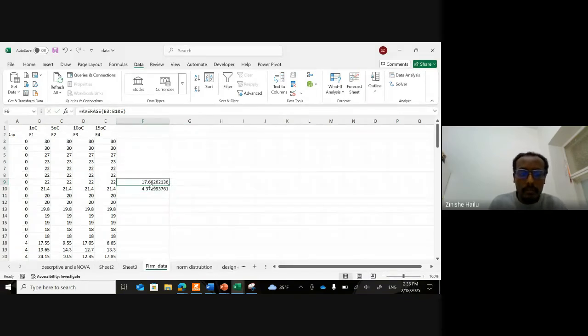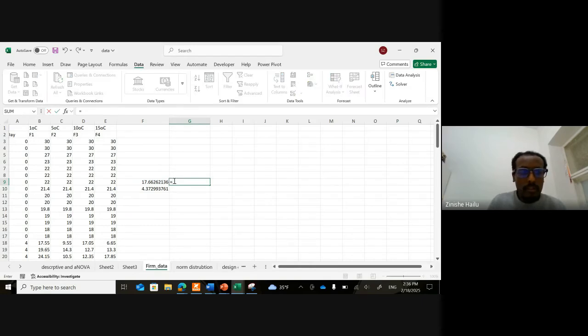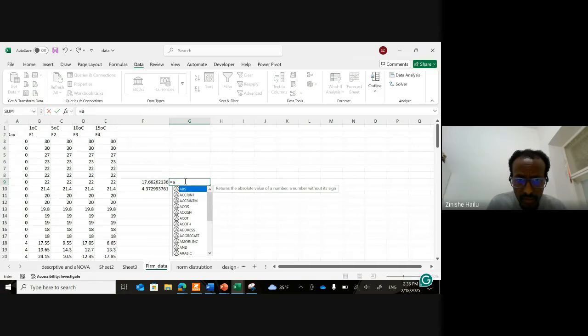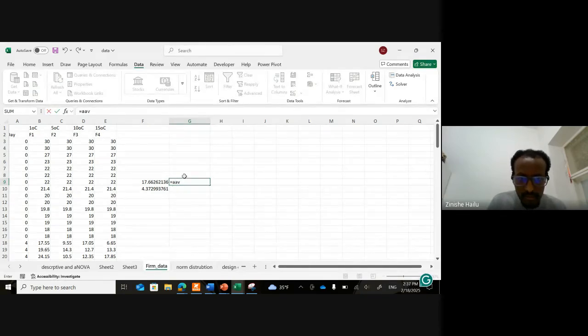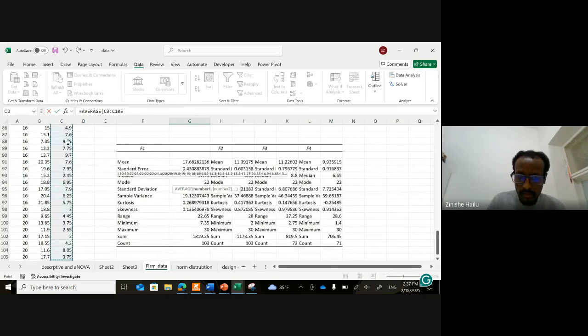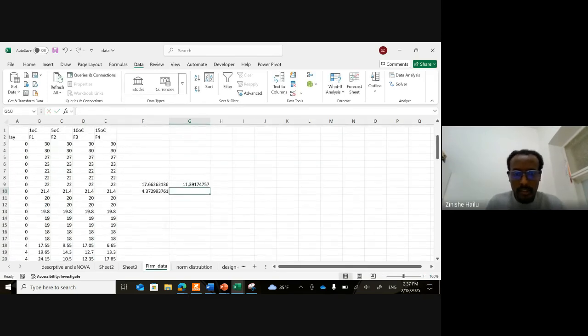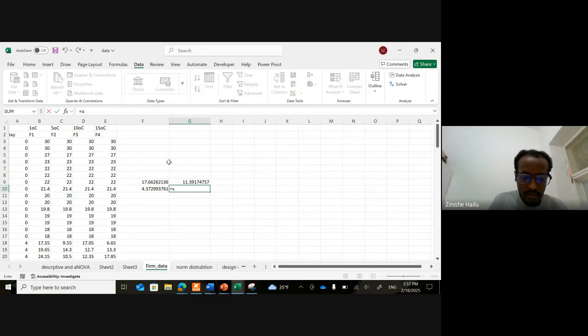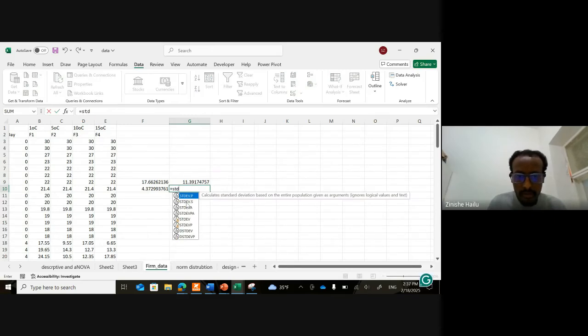We get the mean and standard deviation, and we can also add the average of the second one, and equal to the standard deviation of the sample of the second one.